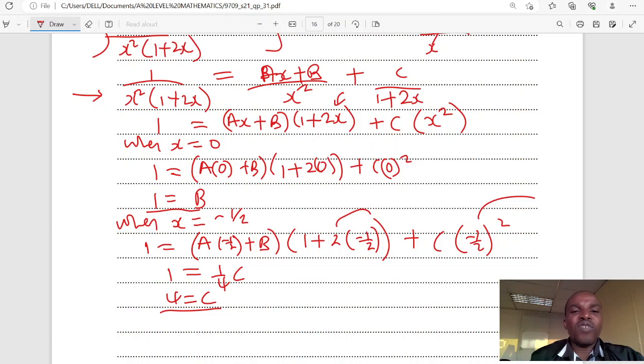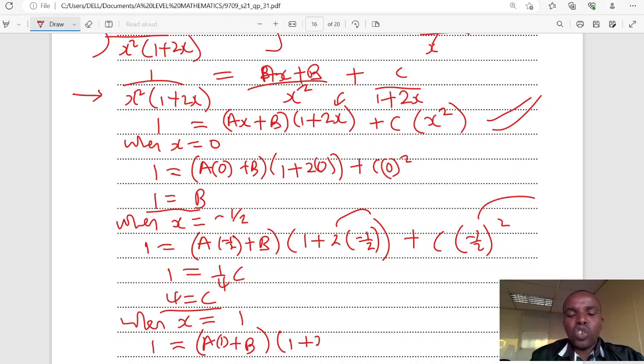Now I am left to find a. For a, I can choose any number that I want. So I can choose when x is equal to 1. Then I can put 1 in this item. So it will be 1 equals a times 1 plus b, times (1 plus 2 times 1), plus c times 1 squared.